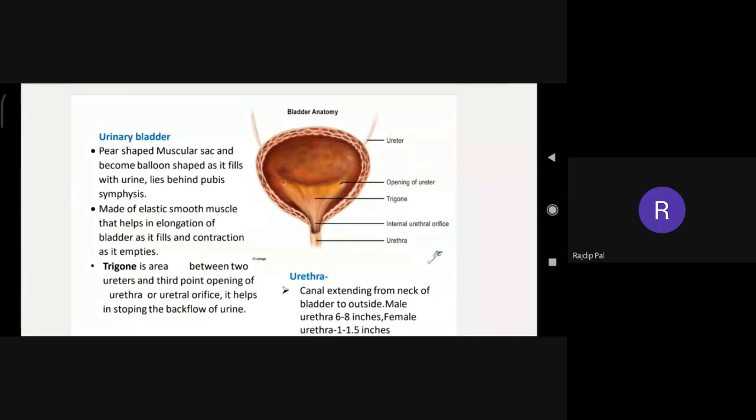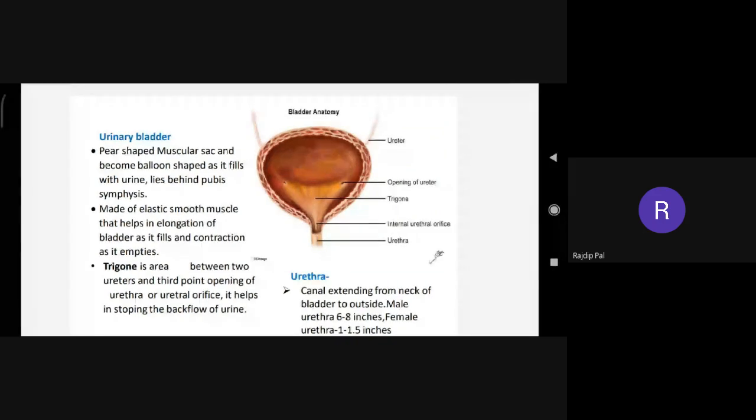It is a sac-like structure, pear-shaped, muscular, and becomes balloon-shaped because when it is filled with urine it is stretched, and when it is stretched it becomes balloon-shaped, and lies behind the pubis symphysis.